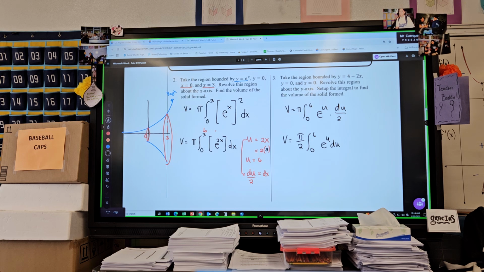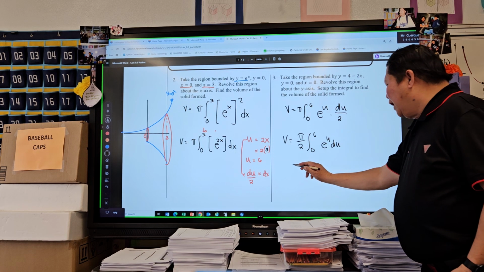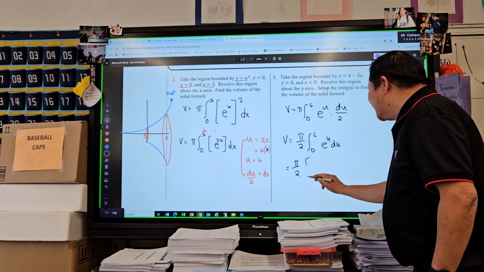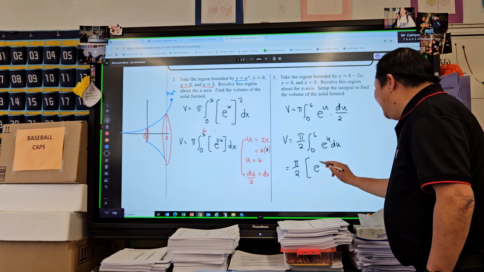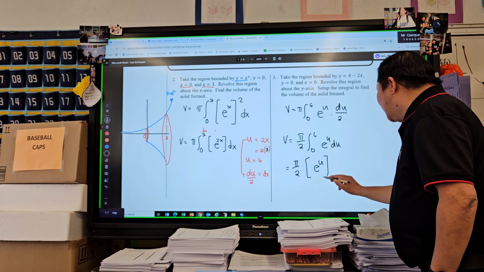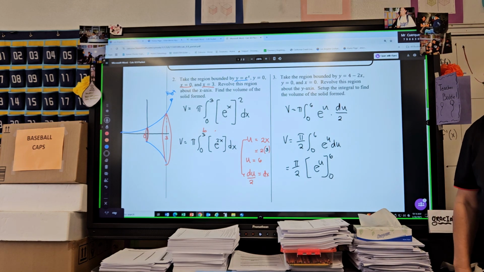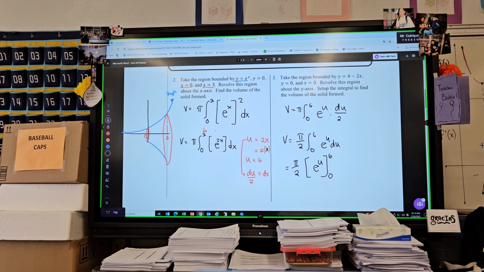The antiderivative of 1 over x is ln x. So what do you have now? I'm gonna continue pi over 2, and then this is e to the u evaluated from 0 to 6. Can you now plug in?